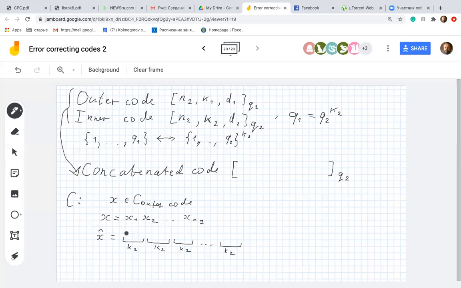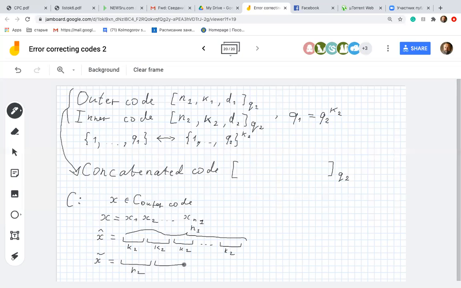The total number of blocks is the same, n1. Now encode each block using the inner code, that means replace it by its code word.